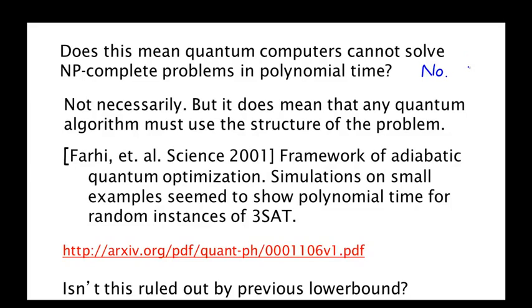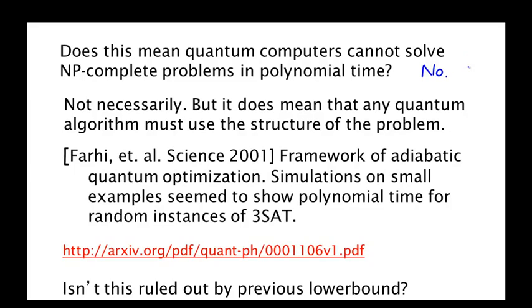So what this is ruling out is that there's no way to actually evaluate the formula in superposition without understanding what the formula means and solving it quickly. In other words, to do any better, you have to understand the structure of the problem.